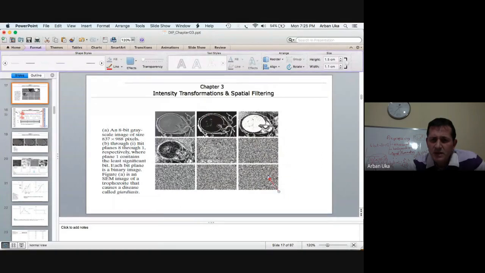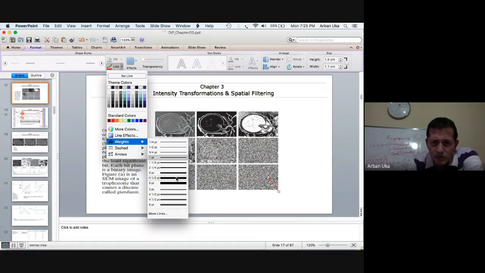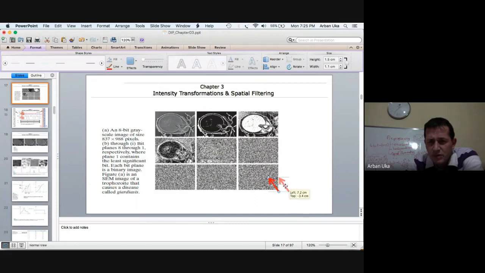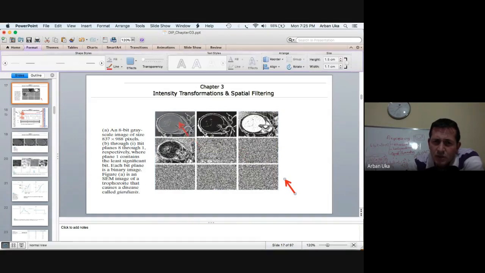The least significant bit, this is something strange actually. When I was first thinking about this one, it was a little bit confusing to me, because what this image is showing here is like pure noise. So there is no feature in here. What these pixels are showing is whether the intensities in the original image are odd numbers or even numbers.